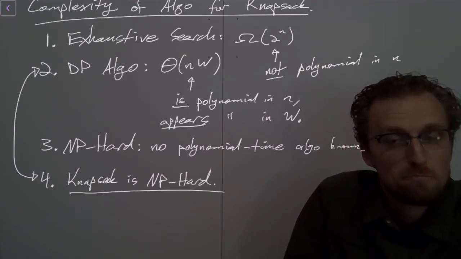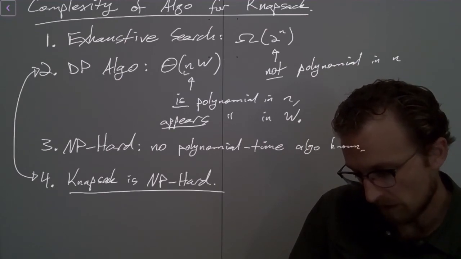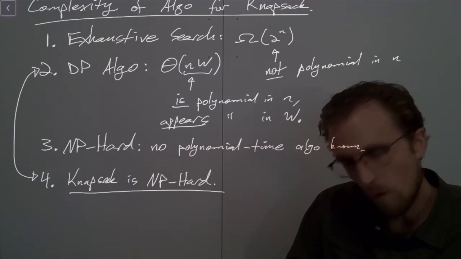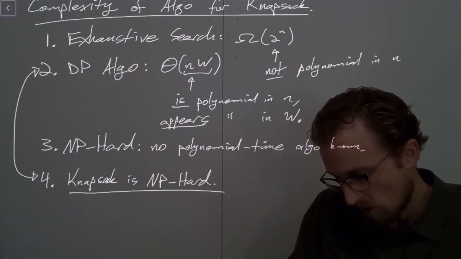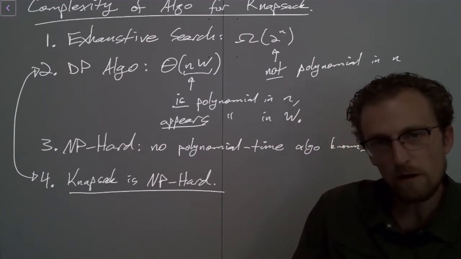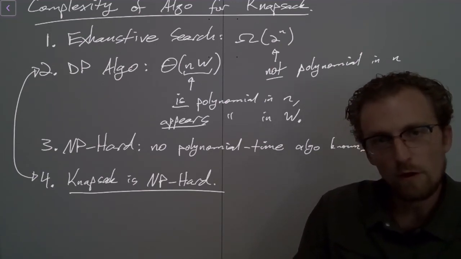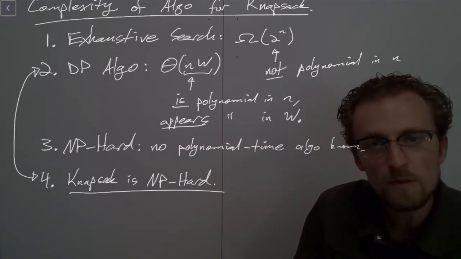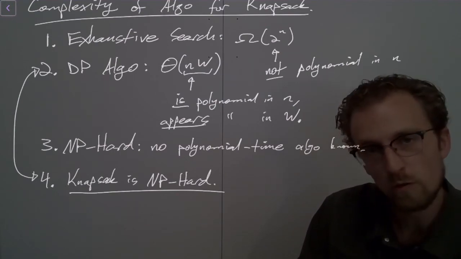What's going on? Well, let's think a little bit about what it means to say polynomial in n and W, and what it means to say a polynomial time algorithm. Let's think very carefully in terms of the size of the input. Those of you who are in automata at this point may already have some intuition for this. If not, hopefully by the end of the course you will.